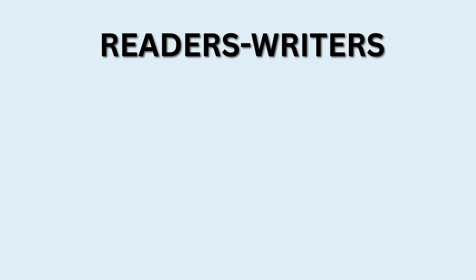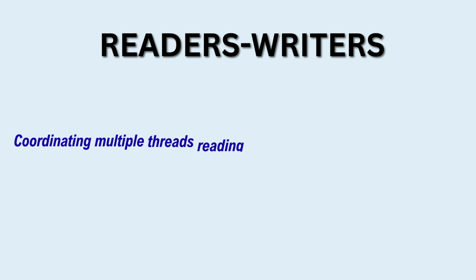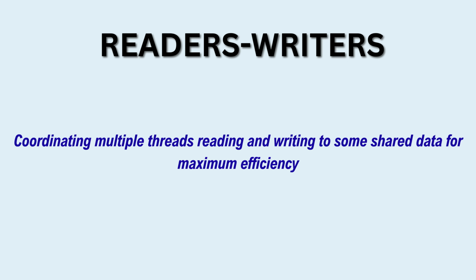Today, we will look at another classic process synchronization problem, that is the readers-writers problem. What happens when some threads only read shared data and others write to it? And how do we coordinate them to achieve maximum concurrency?